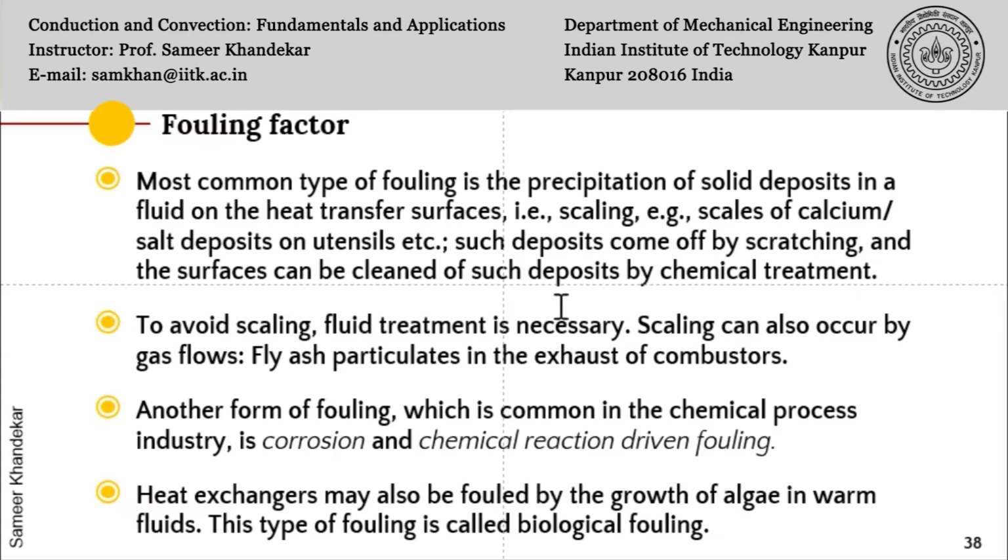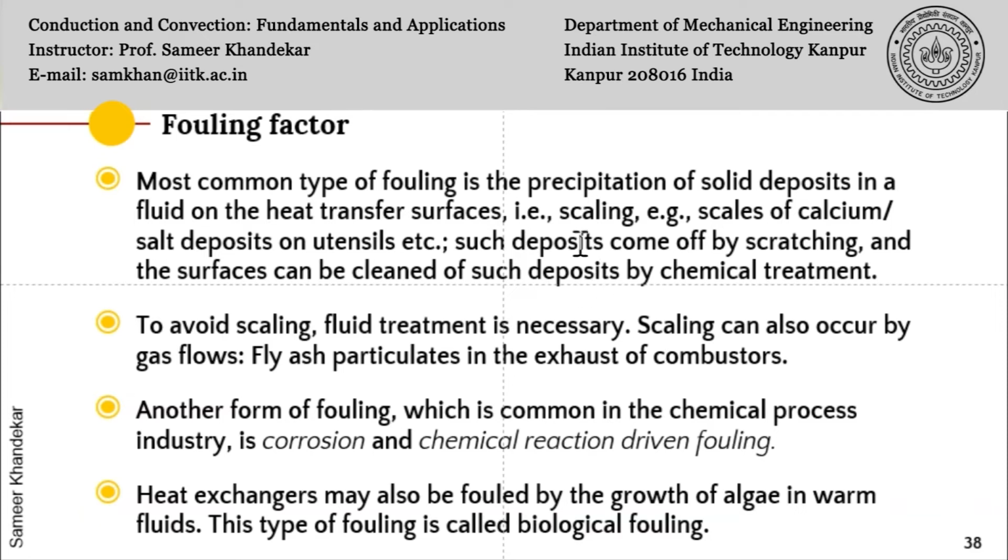Similar things, now you can imagine in large heat exchangers which have kilowatts or megawatts of capacity and are used for power plants, for example. Almost 30% of the power plant capacity, or the electrical power, actually gets dumped in the river through a condenser.